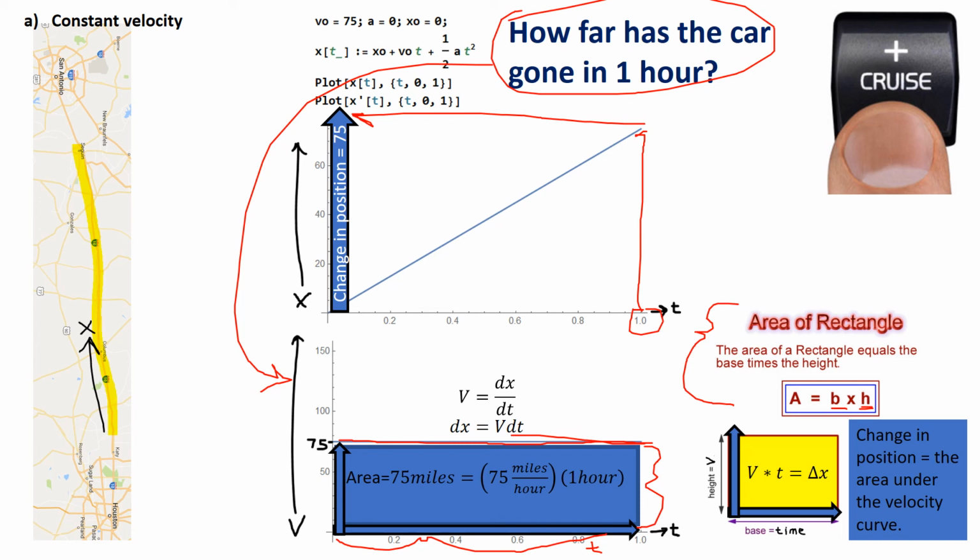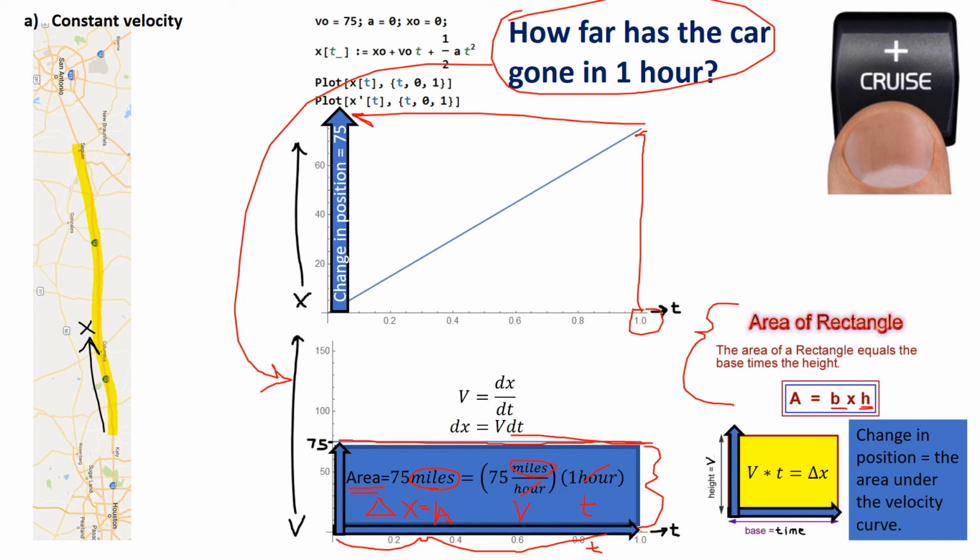What are the units on this? When we multiply the height of our rectangle, which happens to be velocity, times time, the time cancels out and we end up with miles, position. The area underneath the velocity versus time curve is your change in position. This is the area under the curve.